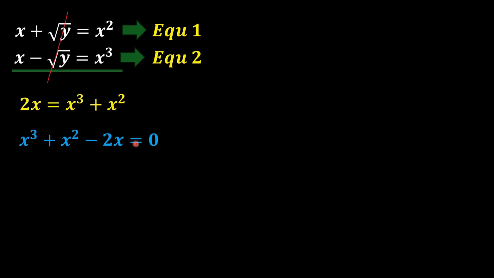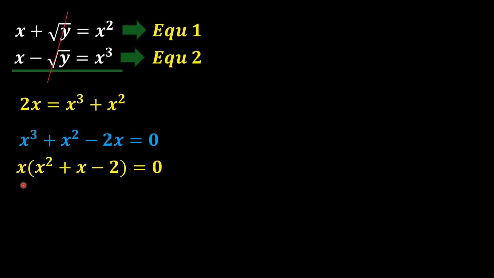Now in the next step, we should take common x from the whole expression. As a result, we should get x square plus x minus 2 equal to 0 as the remaining value. Now in the next step, we should factorize this equation, because we can see that this is a quadratic equation and we can easily factorize it by the factorization method.